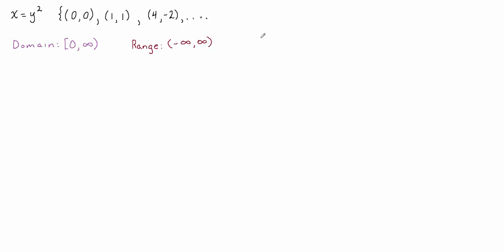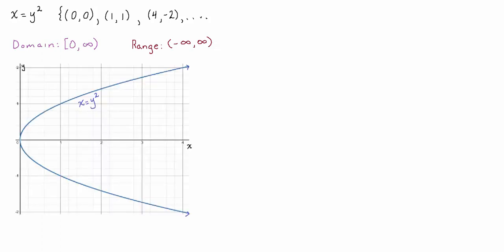This is actually a lot easier to see from the graph, which is frequently the case. Here is the graph of the equation x equals y squared, and we can see looking at this graph horizontally, there is no part of this graph over here to the left of 0. Starting up here, it goes to the left, to the left, to the left till it hits 0, and then it turns around and starts going back to the right and does not ever hit any of these points below 0.